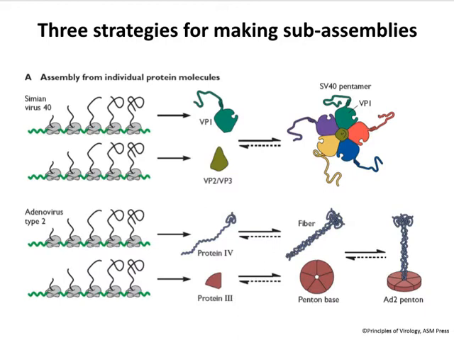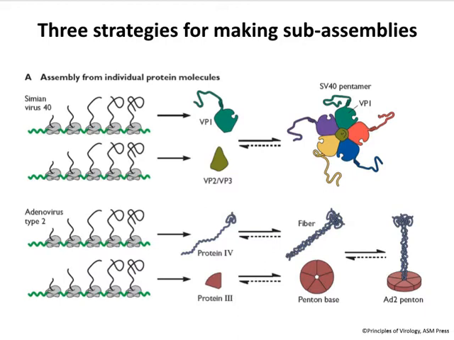So first, SV40. One of the subunits of the capsid is called a pentamer. It's made up of 5 copies of VP1. And you have a number of these fitting together to form the capsid. So this is a subassembly. It's made up of more than one protein, but it's not the whole capsid. So what happens here is SV40 simply makes the individual components.